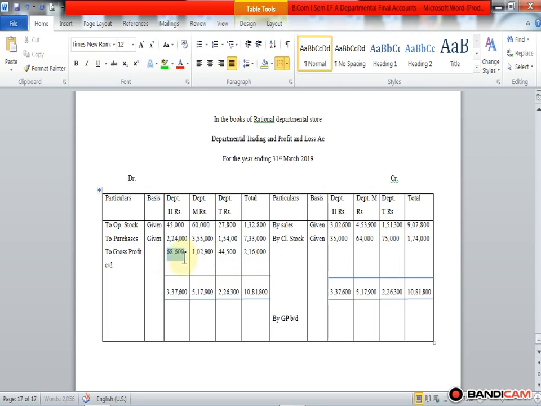Here we get a gross profit transferred to the credit side of profit and loss account.